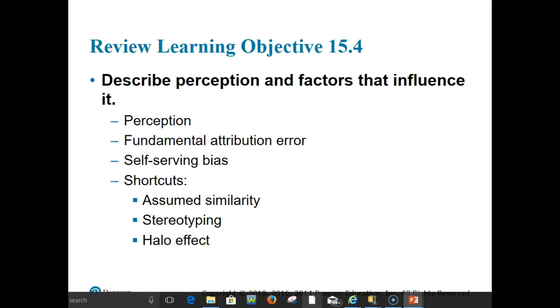Also, remember, the self-serving bias is the tendency to attribute our own success to internal factors and to put the blame for failure on external factors. So remember that 3 shortcuts used in judging others are assumed similarity, stereotyping, and the halo effect.